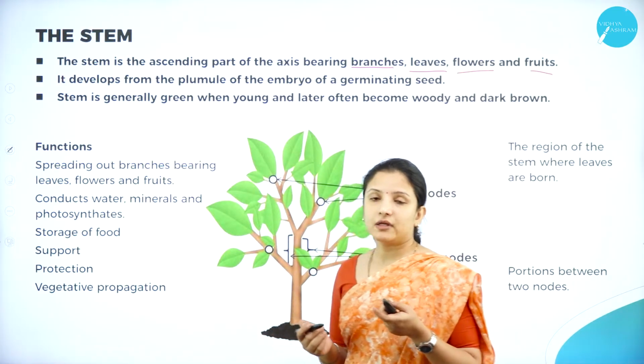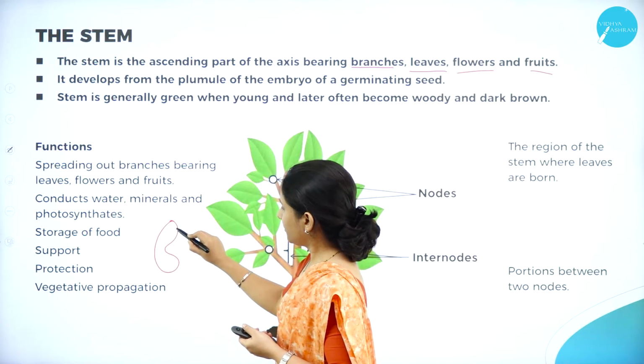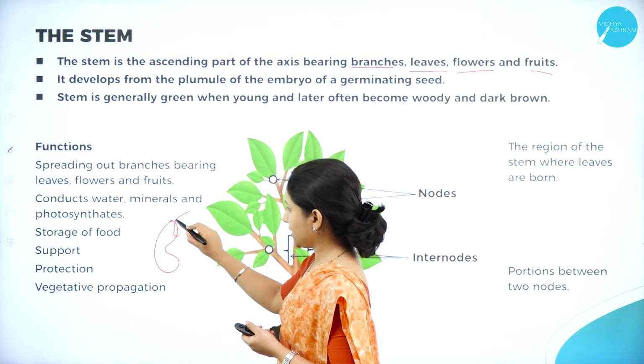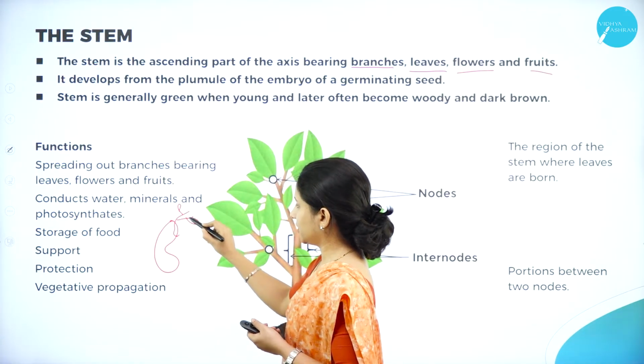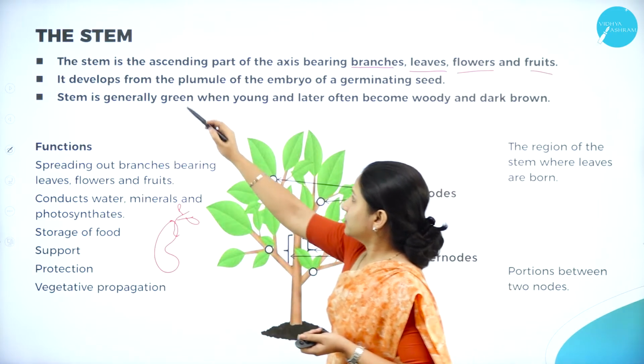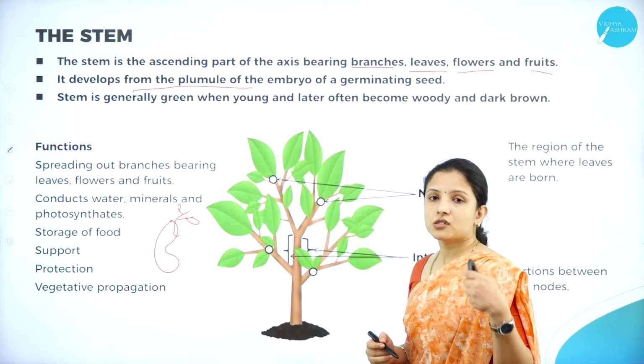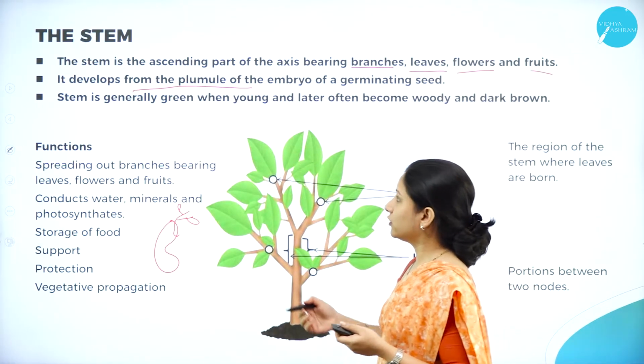And it develops from the plumule. In a seed, from the plumule region the stem develops, and from the radicle region the root develops. So the stem develops from the plumule of the embryo of a germinated seed. We all know about that.